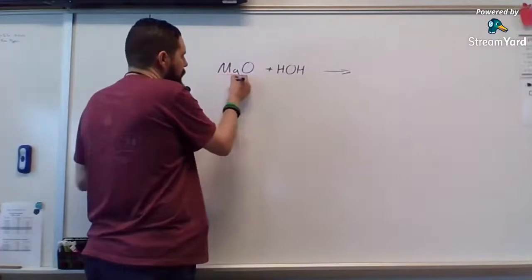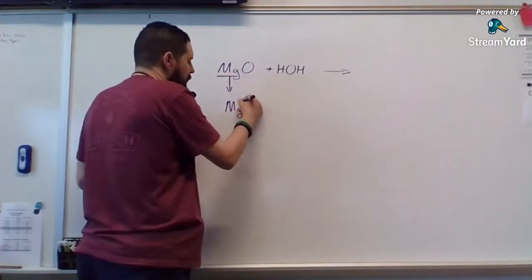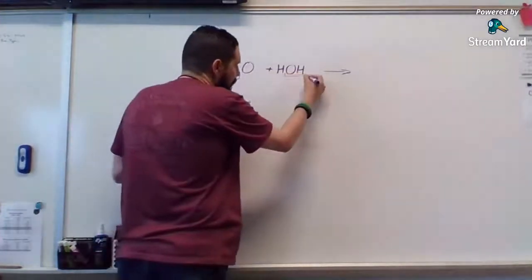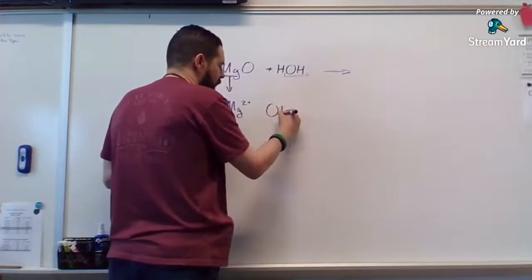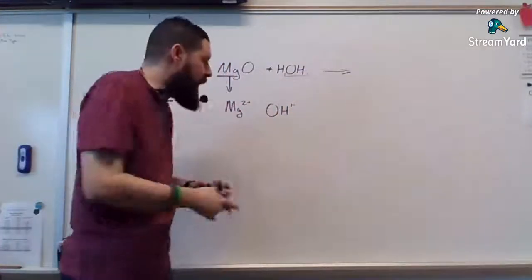So what I look at is that metal as Mg, and again, with a charge on it, and I'm reacting with the OH, the hydroxide. Because again, I'm going to produce a metal hydroxide.